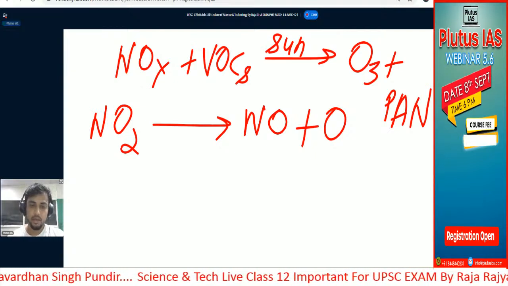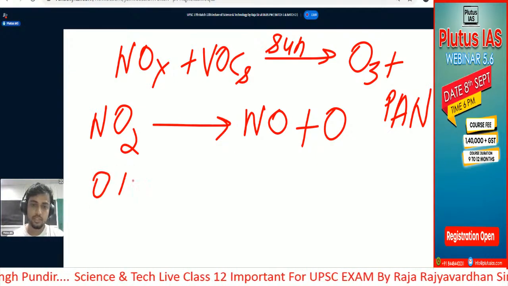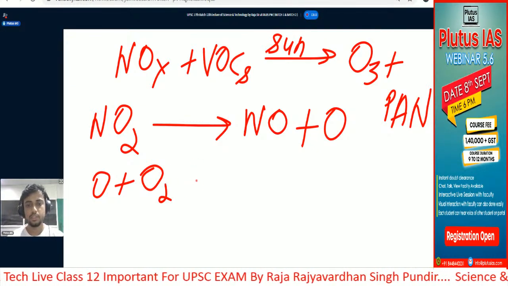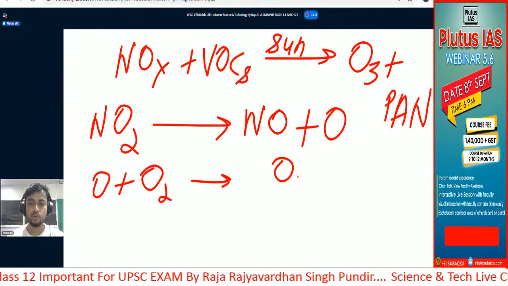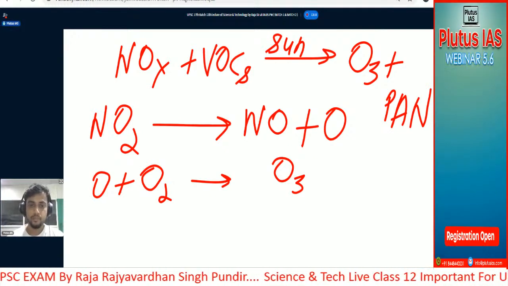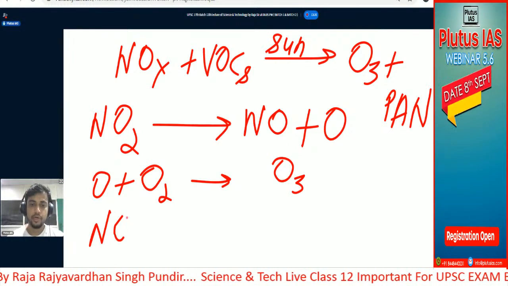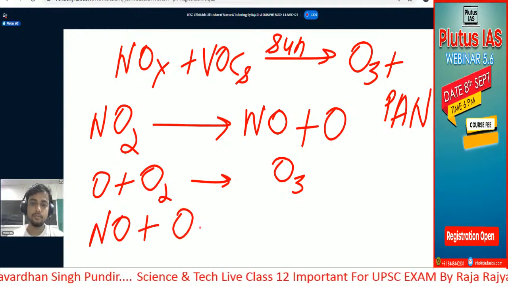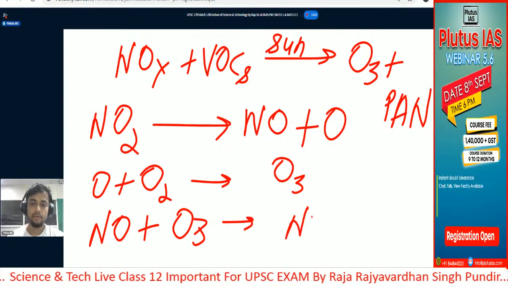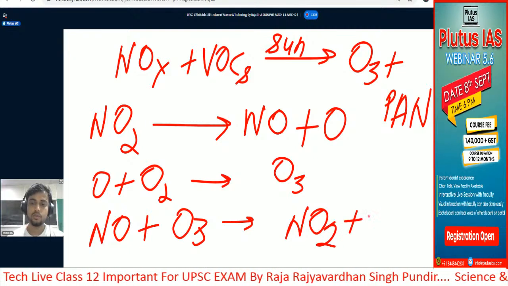And this single oxygen atom combines with an oxygen gas molecule to produce ozone. Okay. And this ozone combines with nitric oxide to give NO2 plus O again.